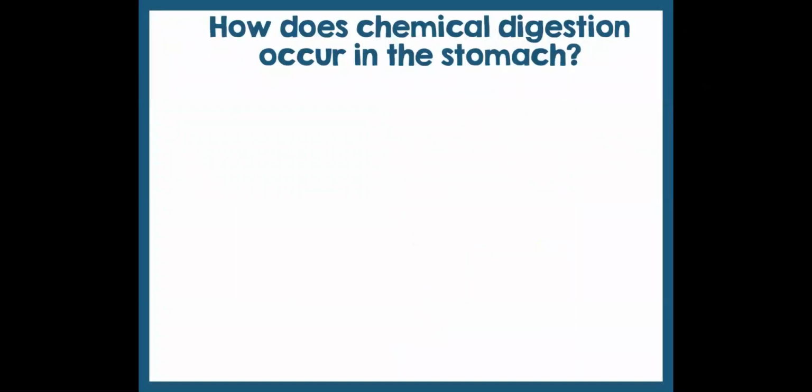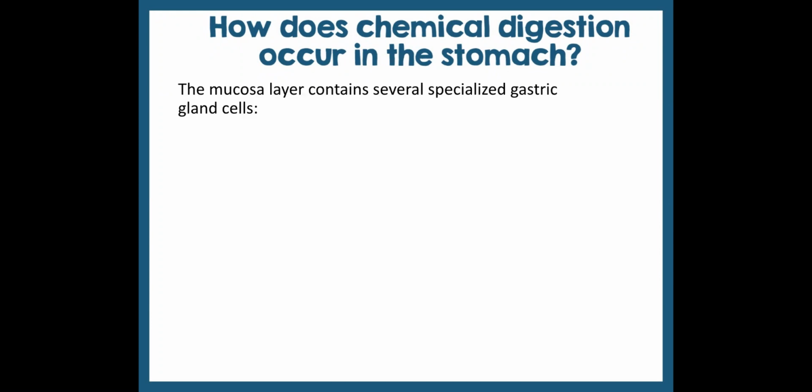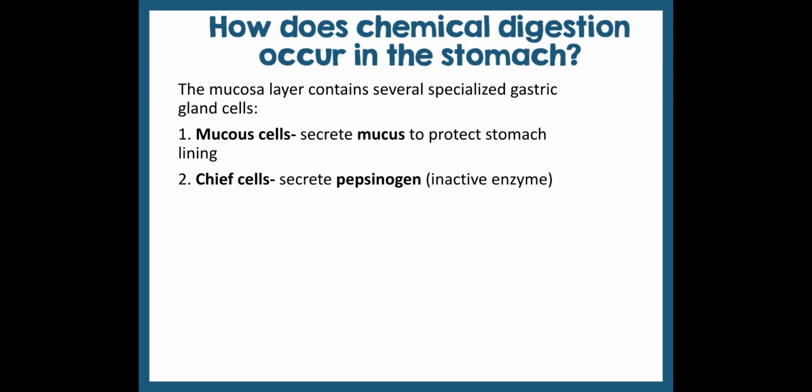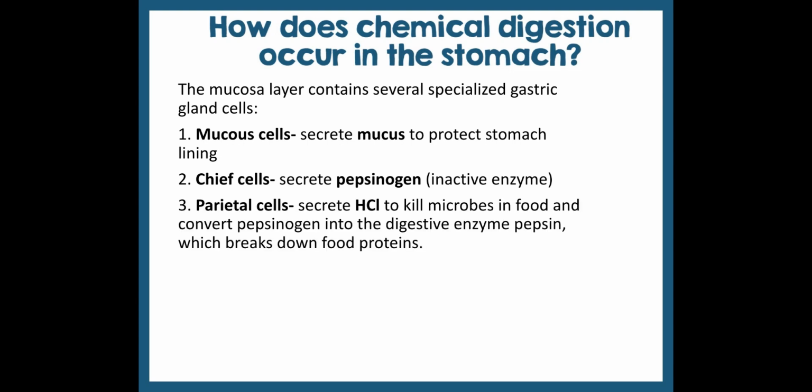Okay, now let's talk about chemical digestion in the stomach. So the mucosa layer contains several specialized gastric gland cells. There are the mucus cells, and they secrete mucus to protect the lining of the stomach. There are chief cells. These secrete pepsinogen, which is an inactive enzyme. There's parietal cells.